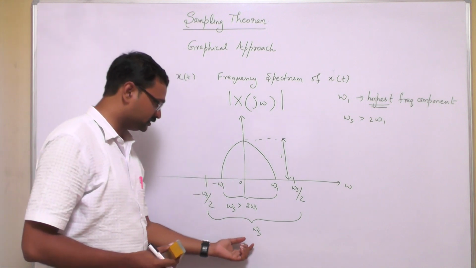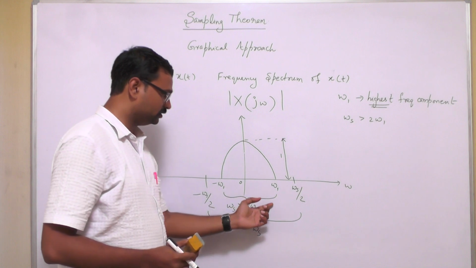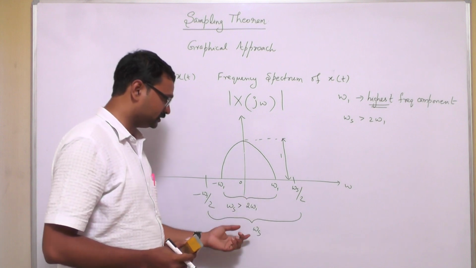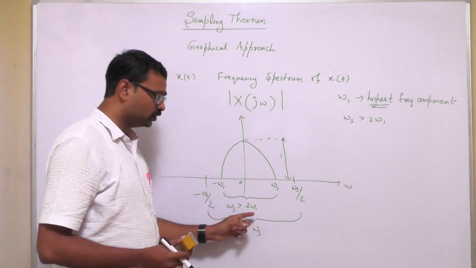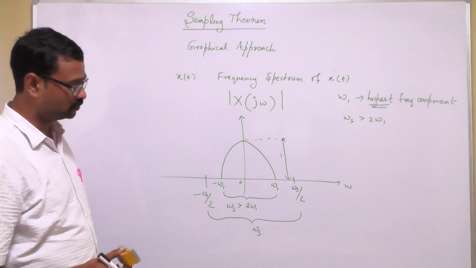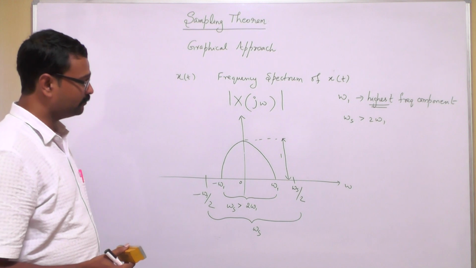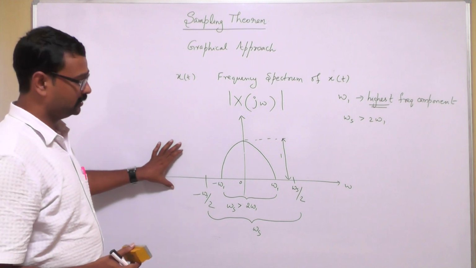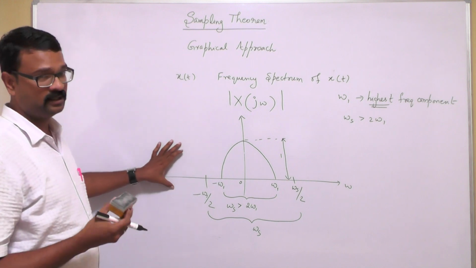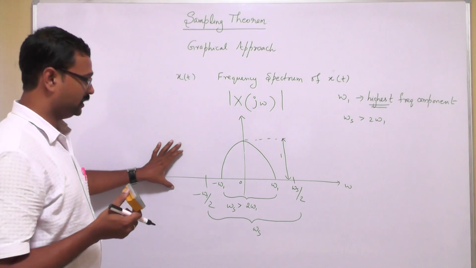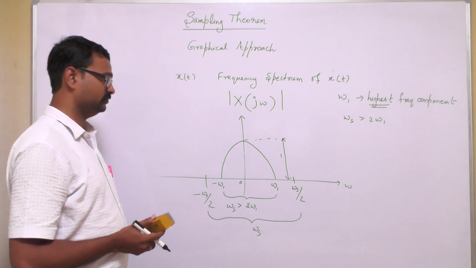As you can see, the bigger bracket is omega s and the smaller bracket is 2 omega 1. Therefore omega s is greater than 2 omega 1. In this condition, we have a sampling frequency which is greater than 2 times the highest frequency component of x of j omega.